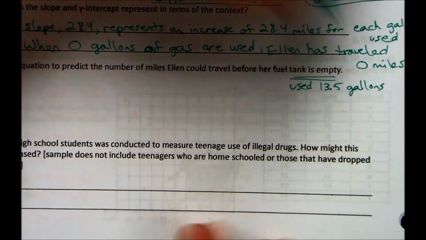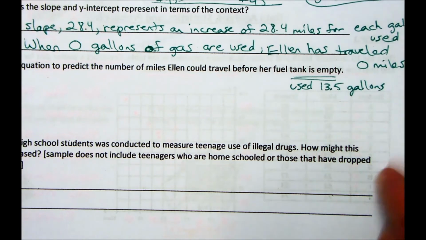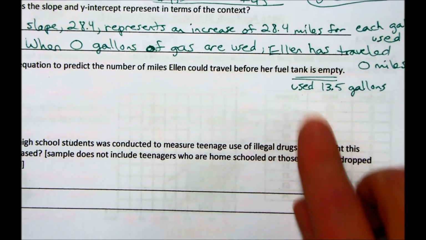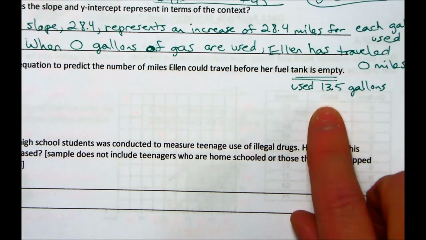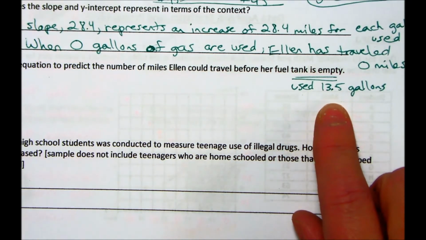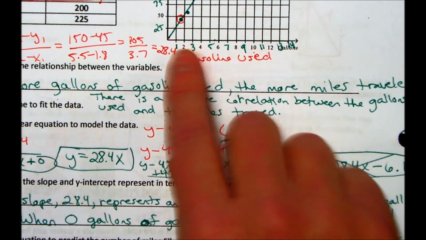They gave us that information at the very beginning when they said that her tank has a capacity of 13.5 gallons and that she completely filled the vehicle with gasoline. So the 13.5 is the number of gallons. We're going to substitute 13.5 for x, because our x is the number of gallons, our y is the number of miles.